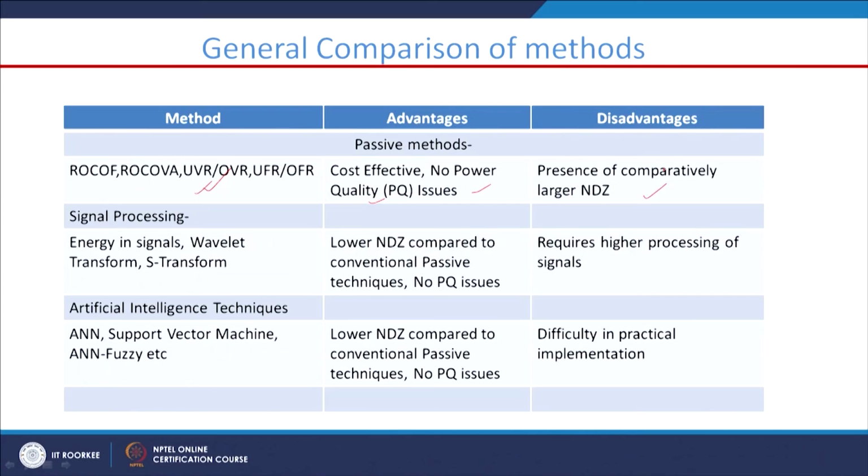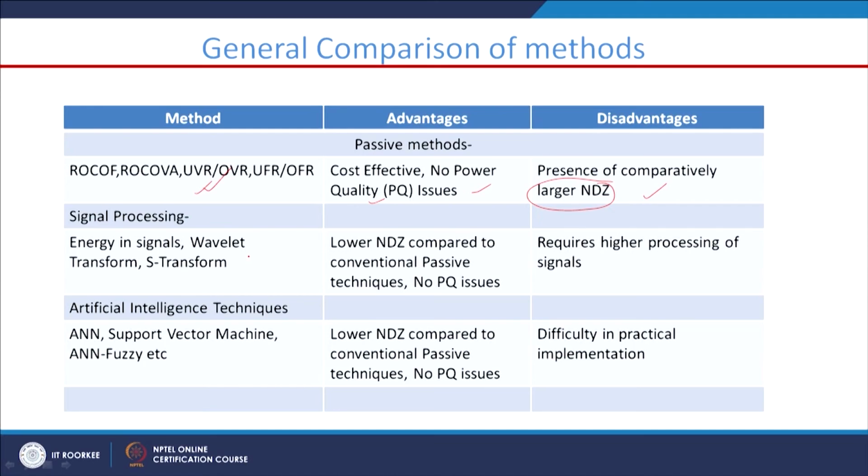Now the major disadvantage is the larger NDZ, this is important. We want to reduce this NDZ problem, and it can be reduced using the subsequent active, hybrid or communication based techniques.